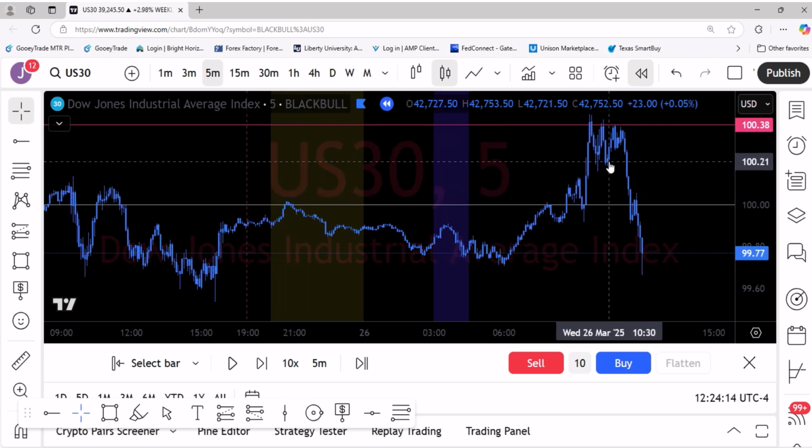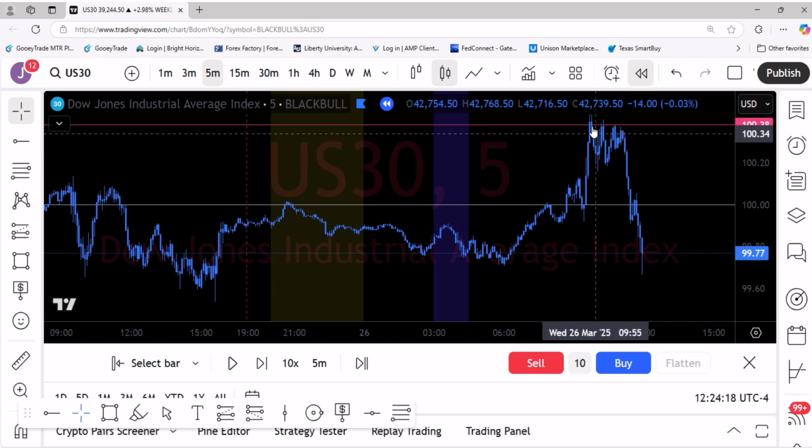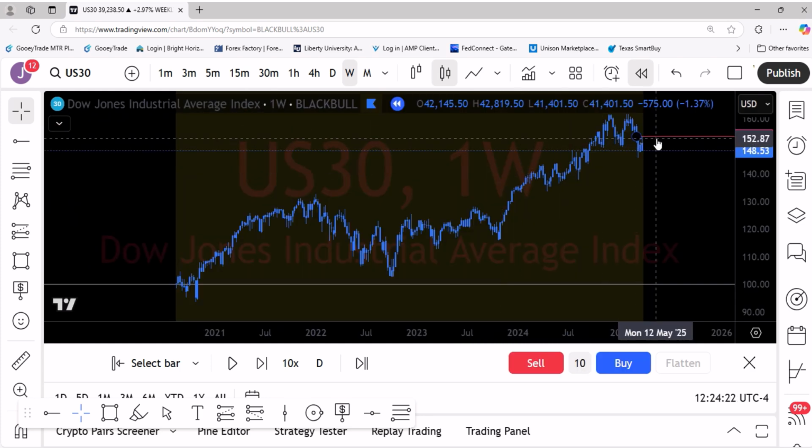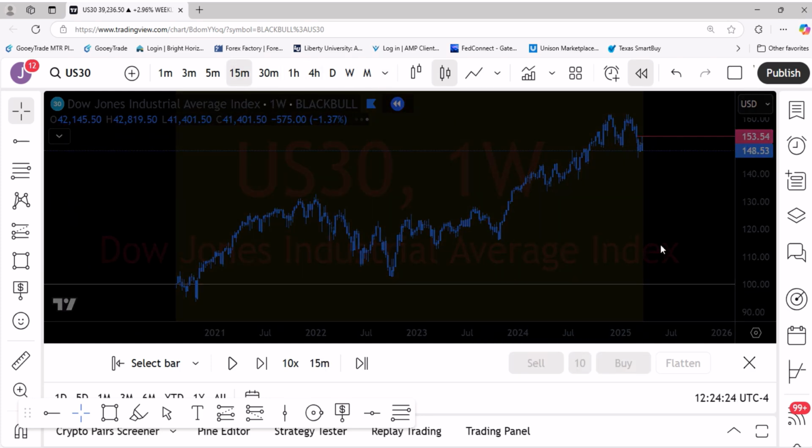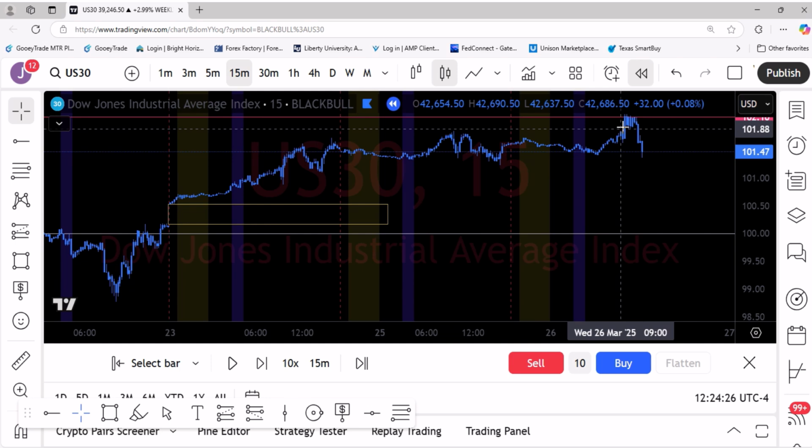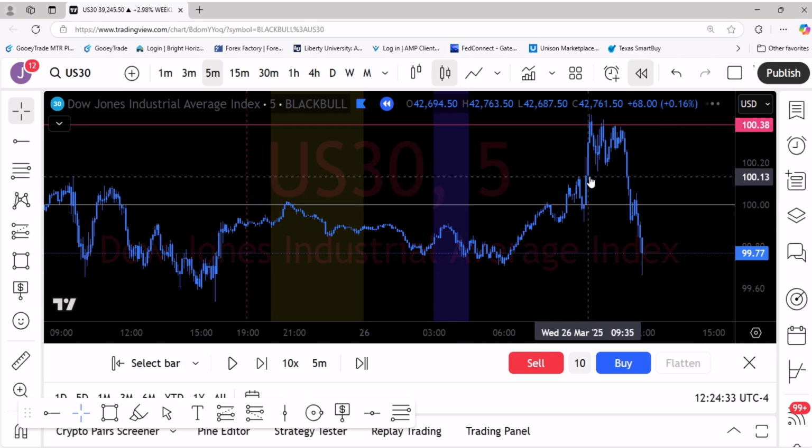So we're going to take a look here. The market traded into my weekly level on Wednesday. Okay. It created a fair value gap at 10:20, the silver bullet, and it traded back into it at 10:30.